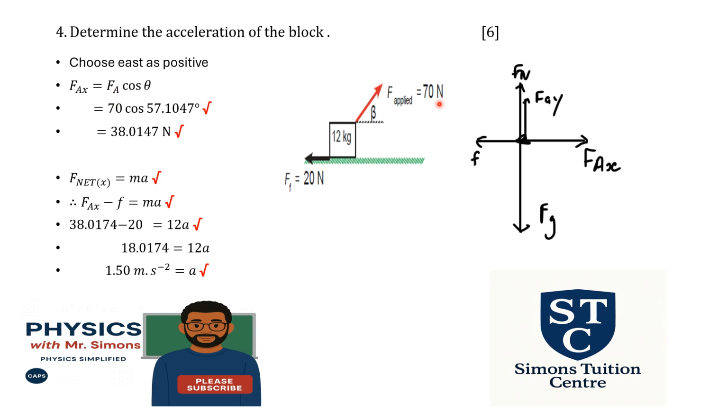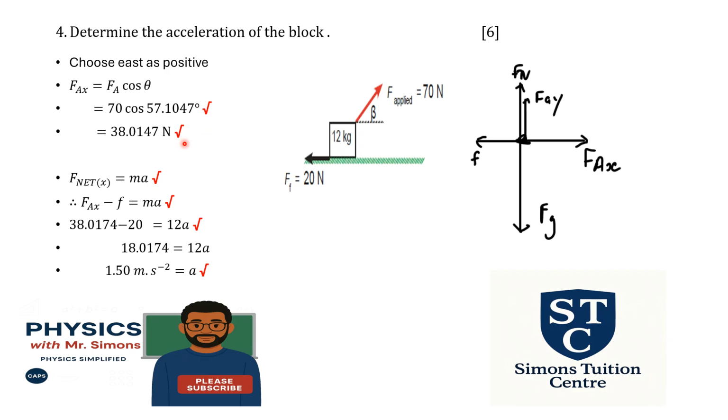Applied force was 70 newtons, cos, the angle I got was 57,10 degrees. If I punch that in, I get my applied force in the x direction as 38,0147 newtons. So 1 mark for correct substitution, another mark for getting 38,0147 newtons.